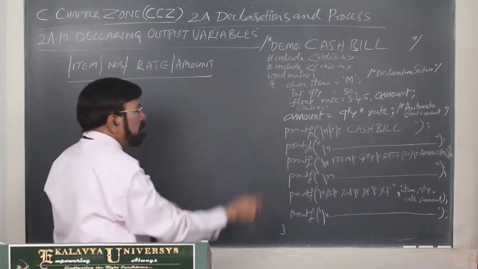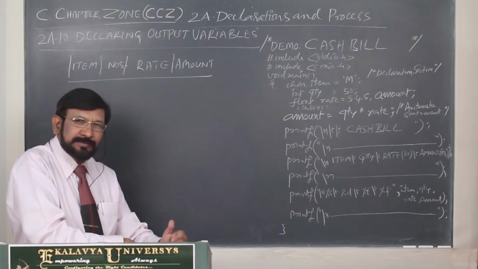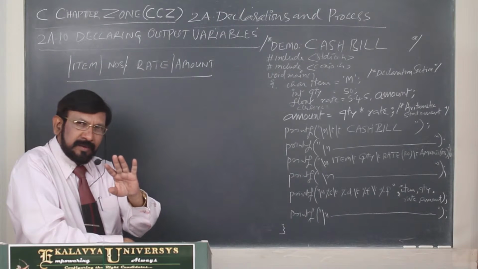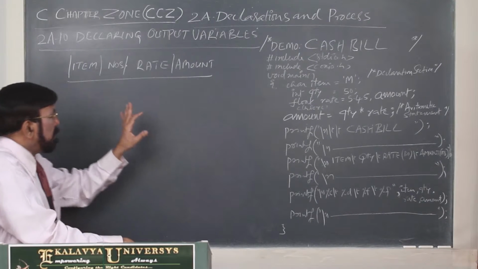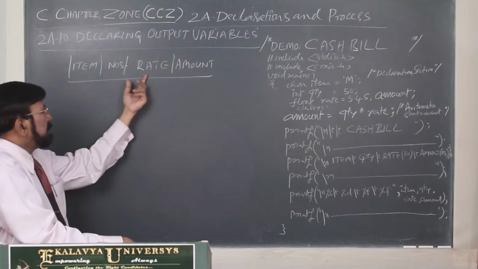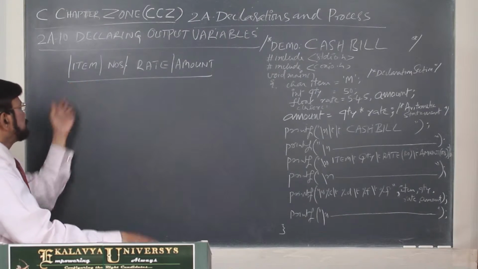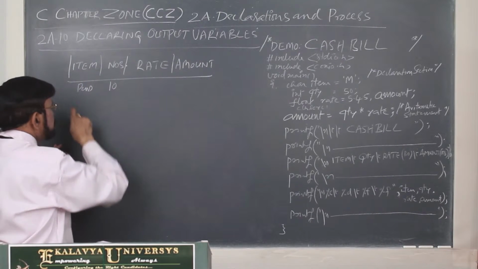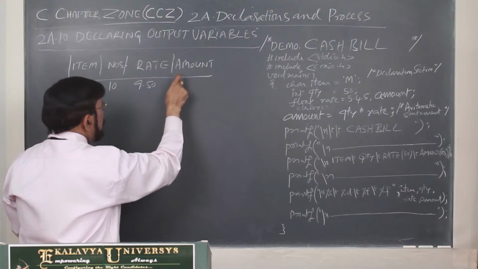So, if we have to write a cash bill, then you require four data items, and they should be item, numbers, rate and amount. For example, pens, numbers, rate, amount.